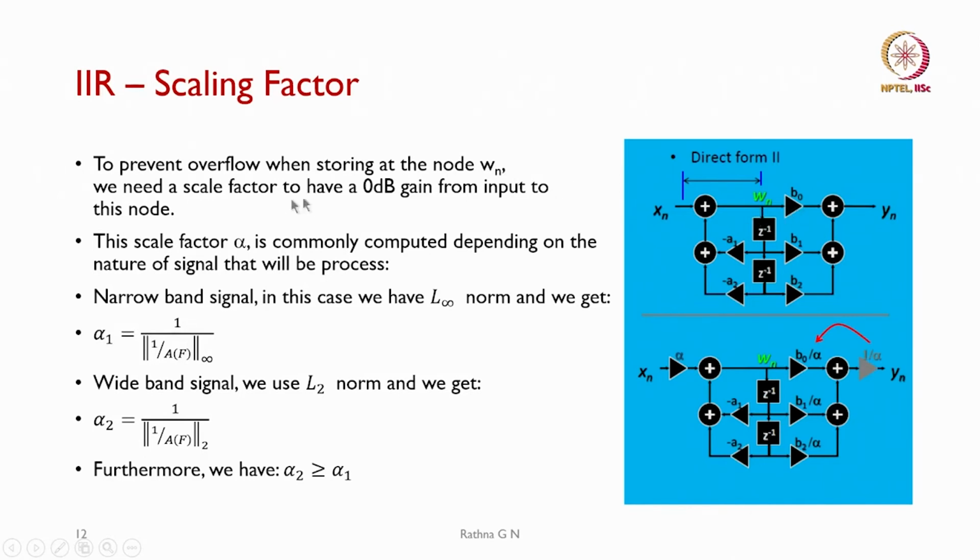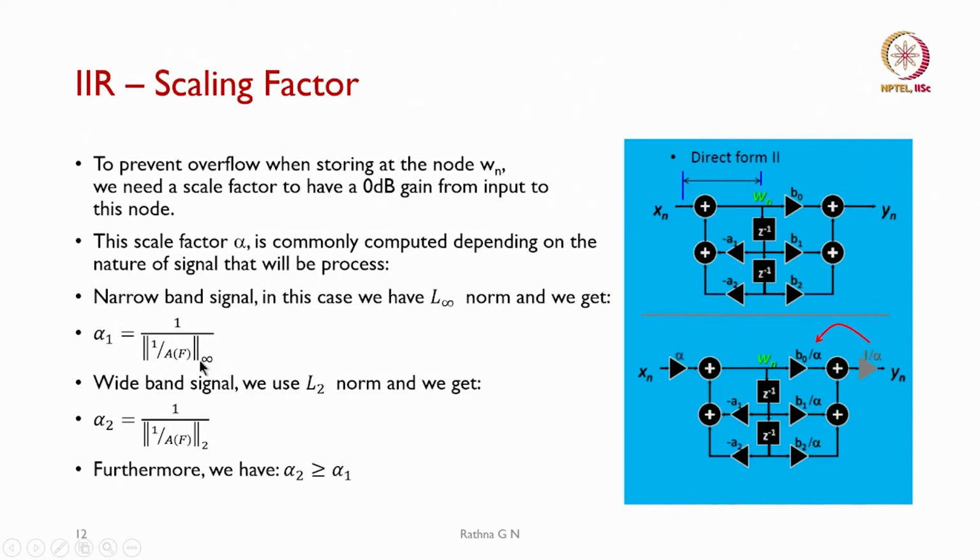We need a scale factor to have a 0 dB gain from input to this node. This scale factor, which we call alpha k, is commonly computed depending on the nature of the signal that will be processed. For a narrowband signal, we use the L infinity norm, and we get alpha 1 as 1 by the infinity norm of 1 by A of f.